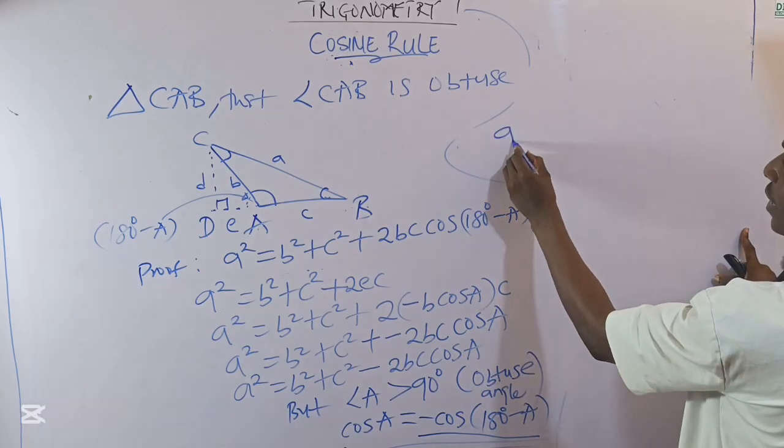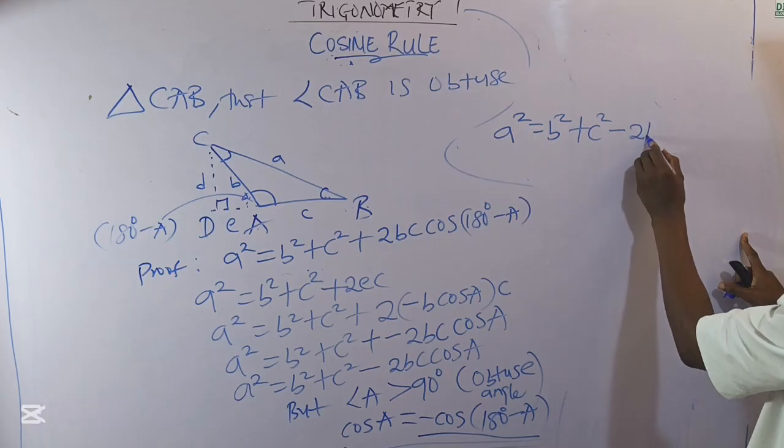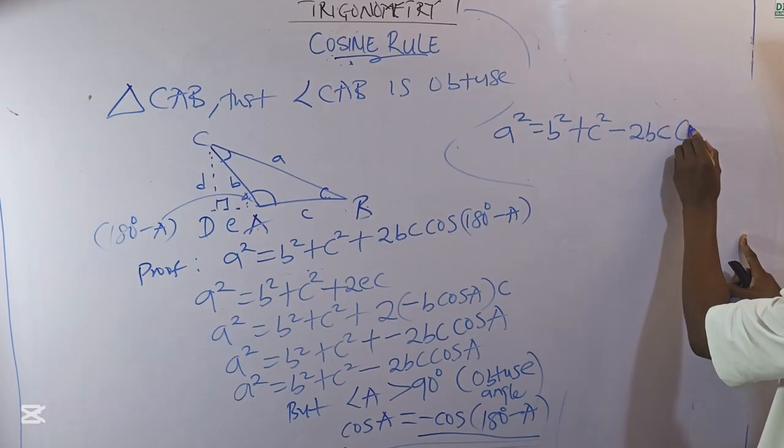So I therefore have A square equals B square plus C square minus 2BC cos.